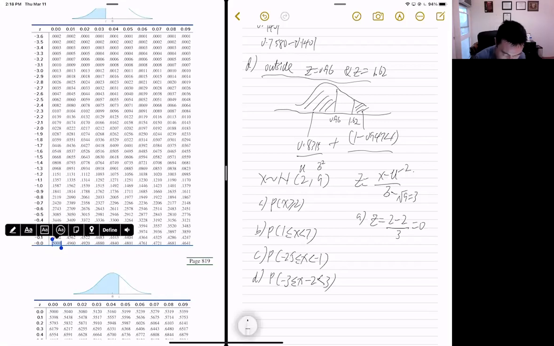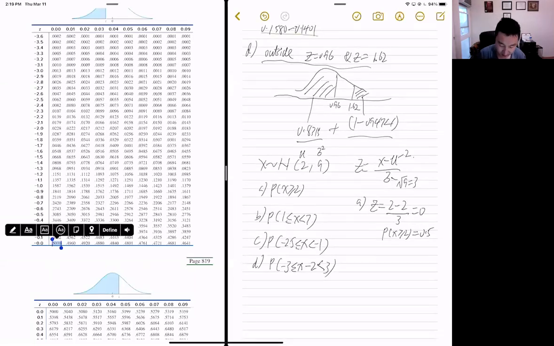Okay, so the area to the right of z is 0.5. So P for x larger than or equal to 2 is equal to 0.5. Another thing I should mention is the equality here doesn't really matter. So P(x larger than or equal to 2) will be the same as P(x larger than 2). So for a continuous distribution, the endpoints do not count, it doesn't matter.